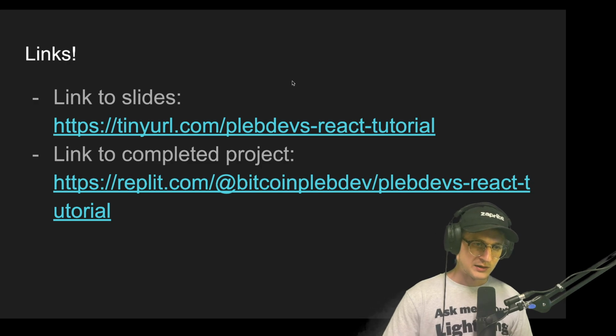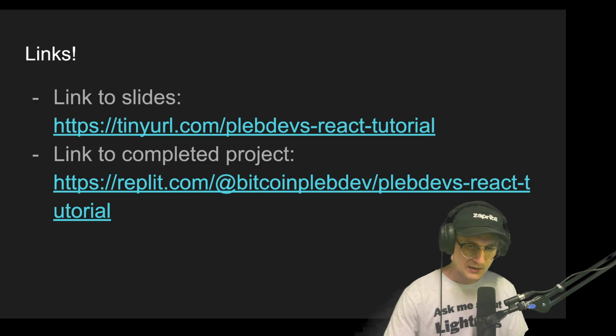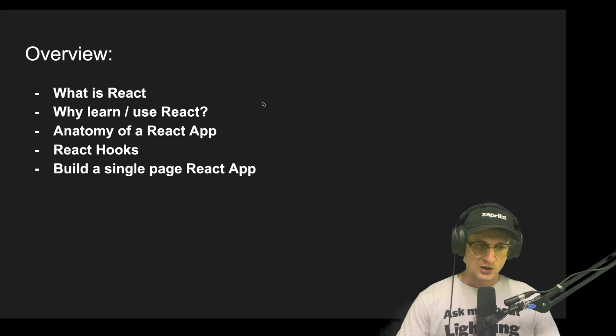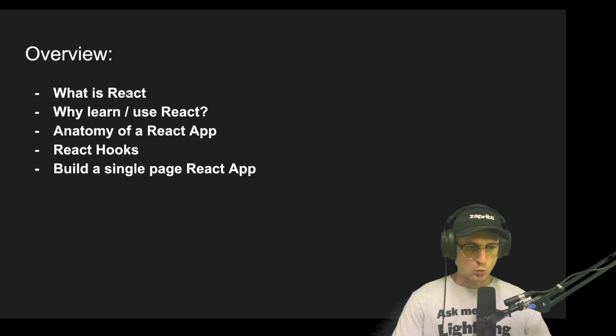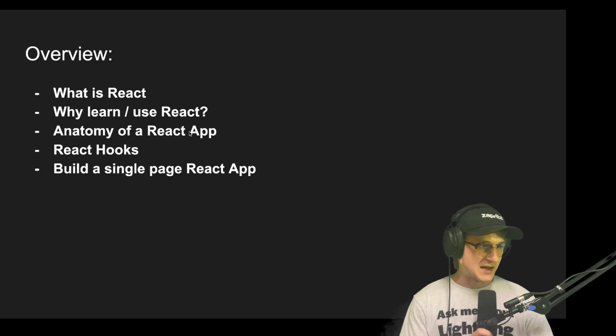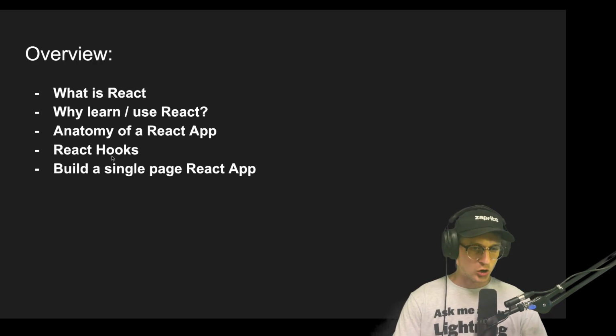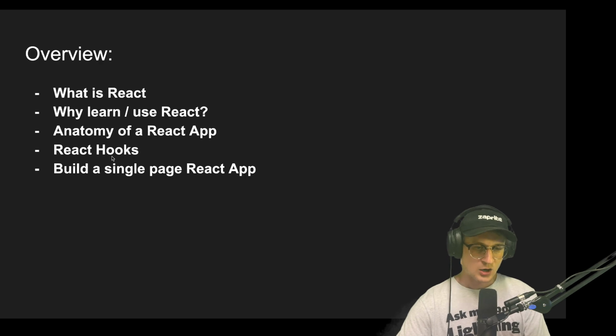We're going to do some theory, and then we're going to bring it very quickly into practice. So overview of what we're going to talk about: what is React, why you should learn and use React. We're going to look at the anatomy of a React app, just to see what we're dealing with. And then we're going to look into React hooks, which is a very basic React concept.